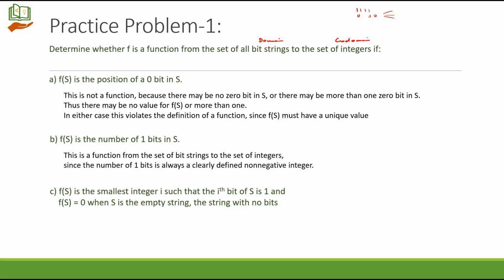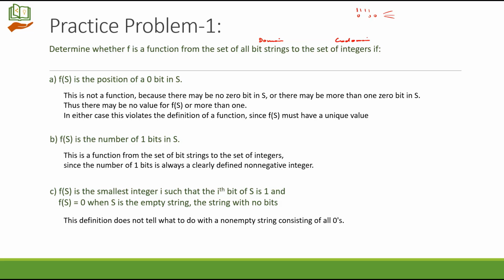The last one: f of s is the smallest integer i such that the ith bit of s is 1, and f of s is equal to 0 when s is the empty string, that is, the string with no bits. This definition does not tell what to do with a non-empty string consisting of all zeros.